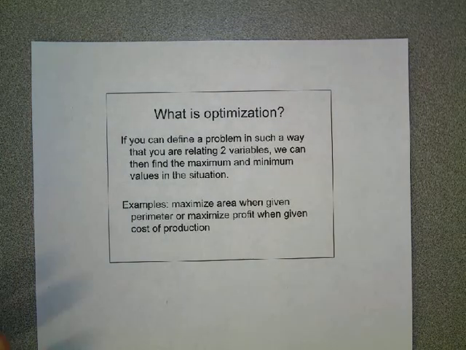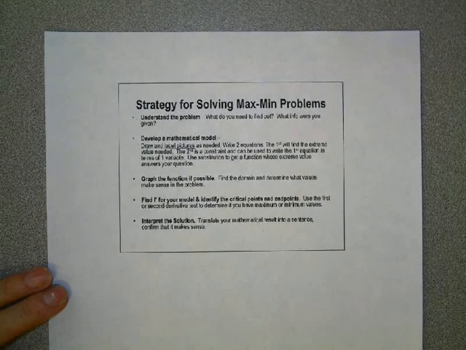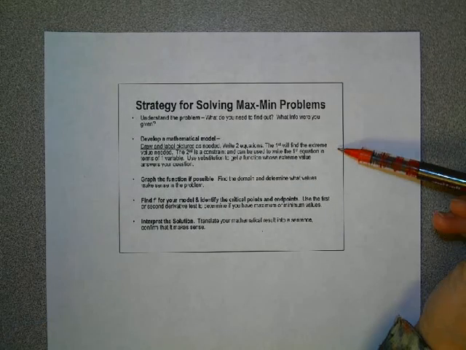Now, when we do this type of thing, we're going to follow these steps. First, we want to understand the problem. What do we want to find out? What information do we have that we can use? Then, we're going to develop a mathematical model.